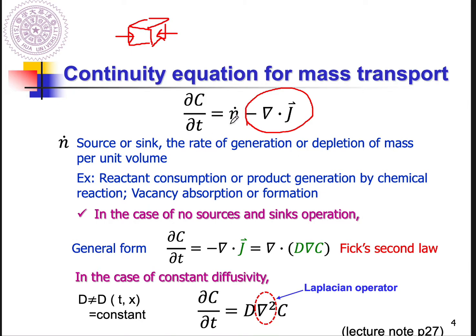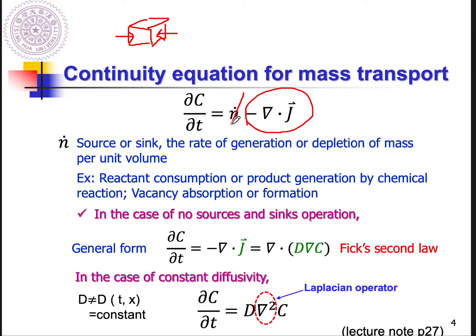And this N dot is either a generation or depletion of the atoms in these systems. Usually we will assume there's no source and sink operating in these materials, so N dot equals 0.